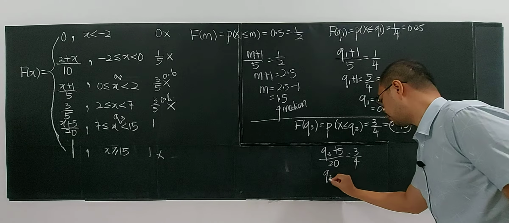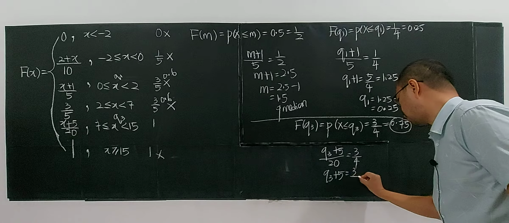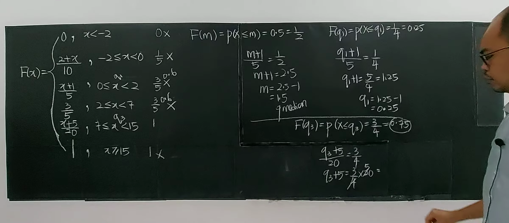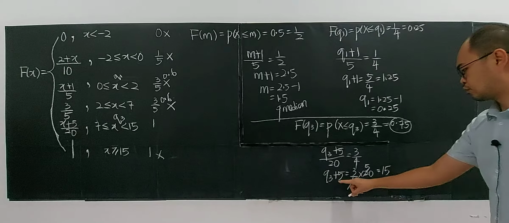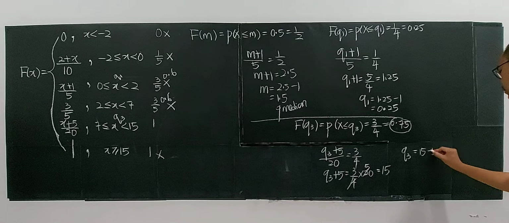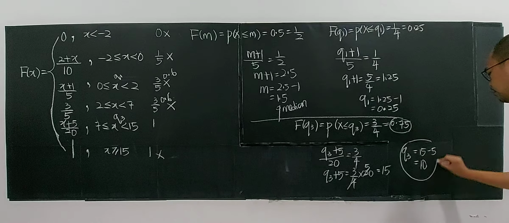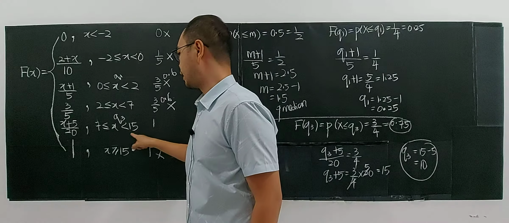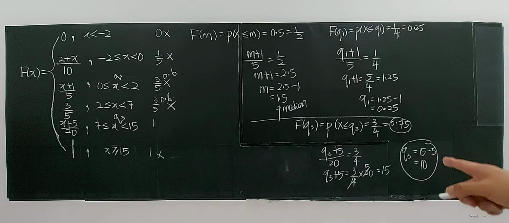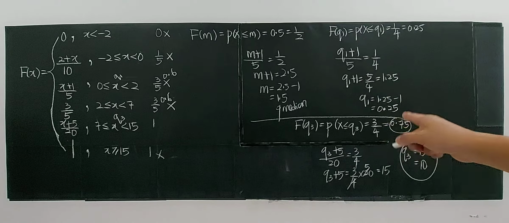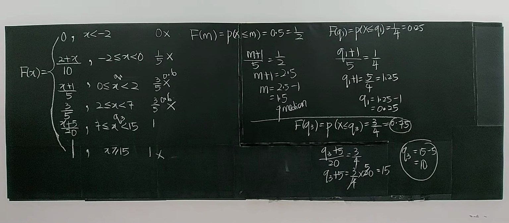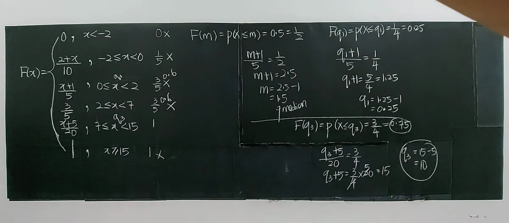Then you calculate, and easily you can get your third quartile. 3 over 4 times 20: 4 fives are 20, 3 fives are 15. So your third quartile will be 15 minus 5, which gives you the value of 10. Yes, 10 is within 7 and 15, so this is accurate. So the 10 here is the third quartile, the first quartile is 0.25, and the median is 1.5. This is the way we find them.